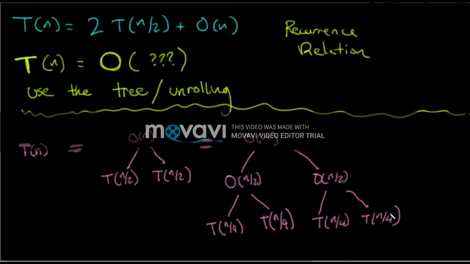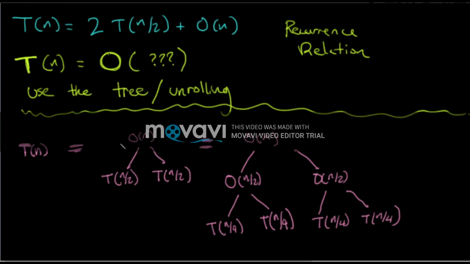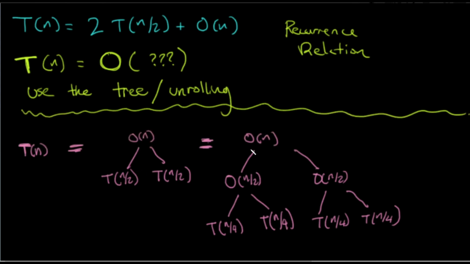One important thing to realize is that these three trees represent the same exact information. The time it takes to complete merge sort on an input size of n is exactly equal to this local runtime, this merging operation, plus the two recursive calls to merge sort of the split array.